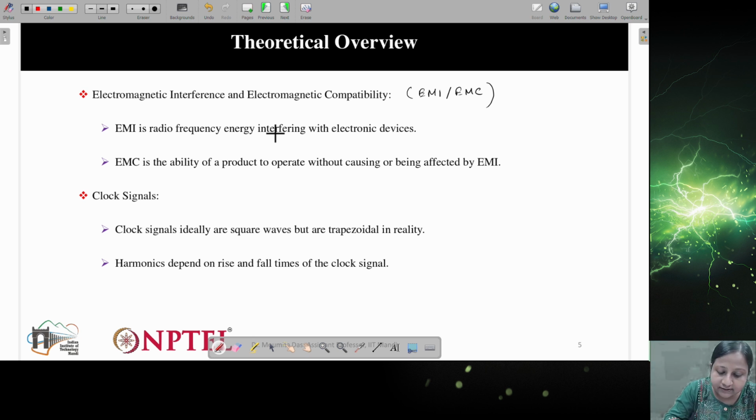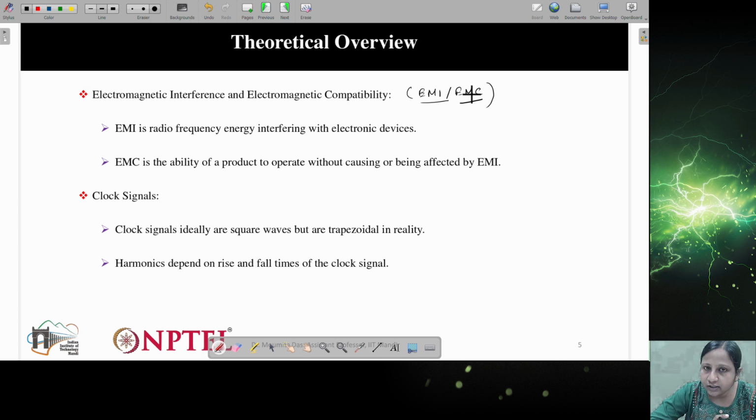Now EMC is the ability of a product to operate without causing or being affected by EMI. We have to look after these two things whenever we are operating any system at high frequency. What is the EMI, and what is the EMC of that particular system?